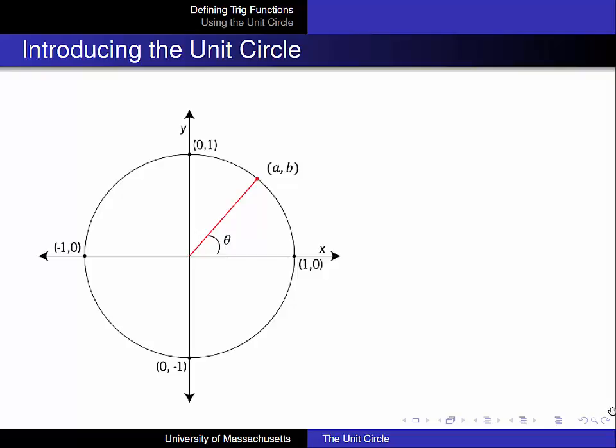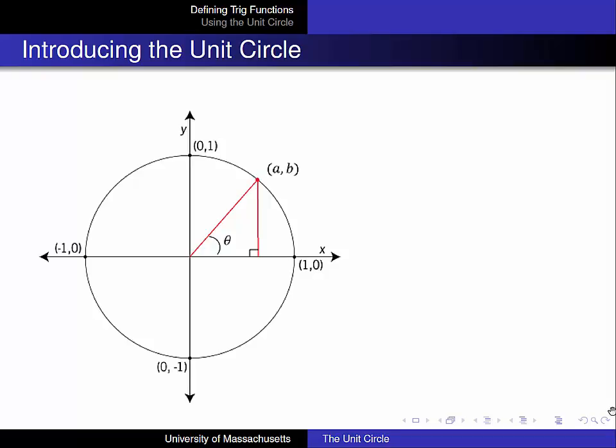Okay, now remember that we defined sine, cosine, and tangent using a right angle triangle, or a 90-degree triangle. So I can draw a perpendicular line from the point AB down to the x-axis, and it forms a 90-degree angle with the x-axis. So now we have our 90-degree triangle.